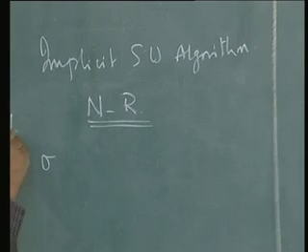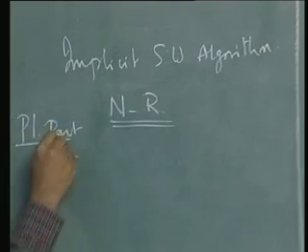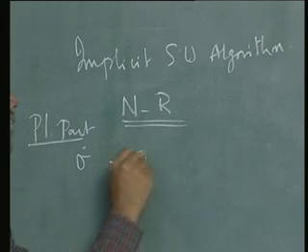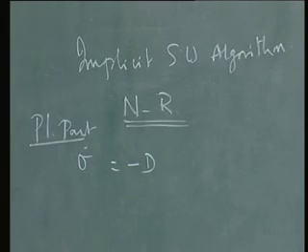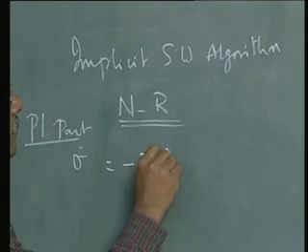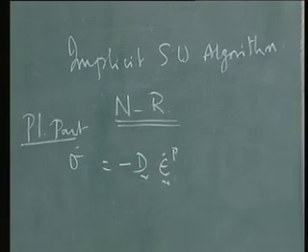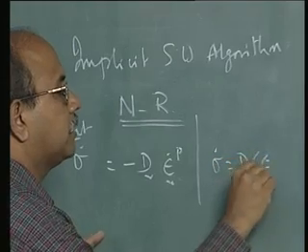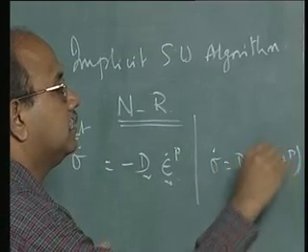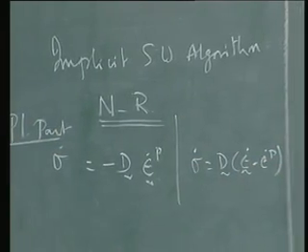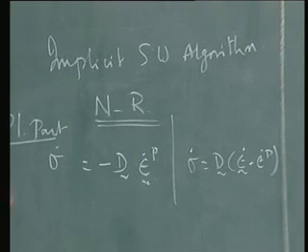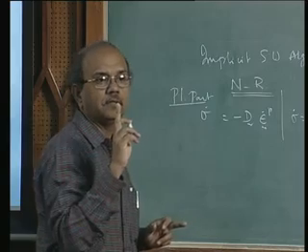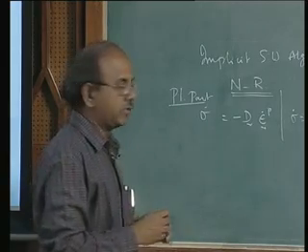So if we look at the plastic part of the algorithm, then the correction is carried out by writing this sigma dot to be D epsilon dot p. Remember that this came out simply from the fact that D into epsilon minus epsilon dot p. Okay, in other words, for small strain, I can use the next line, but I can't do it for a finite strain, okay?